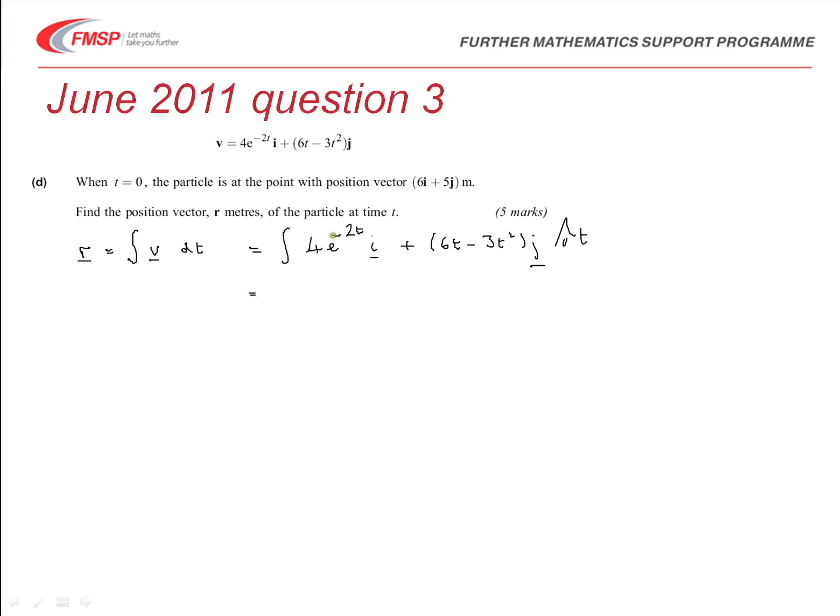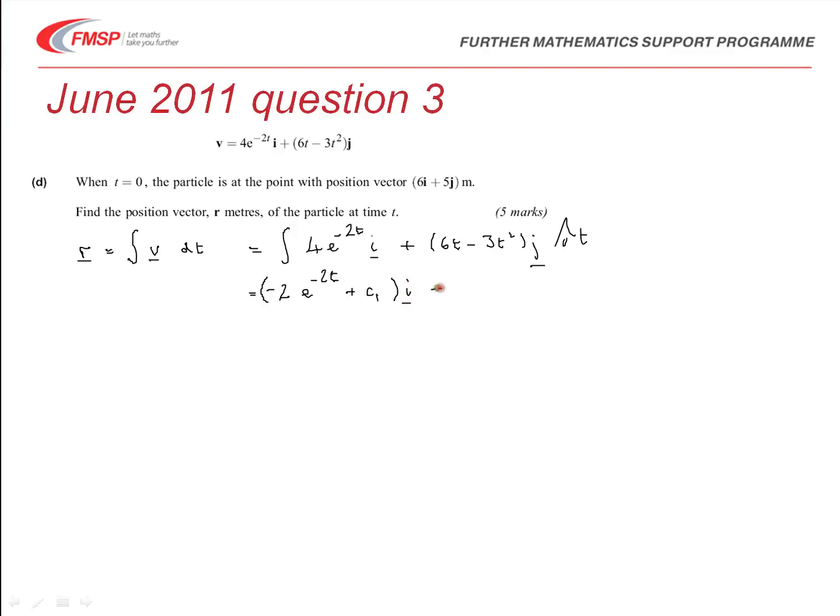The integral of e^(-2t) is e^(-2t), but then the differential of the minus 2t is negative 2, so we have to divide by negative 2. That's 4 divided by negative 2, so we get minus 2 in front, plus some constant c1, lots of i.